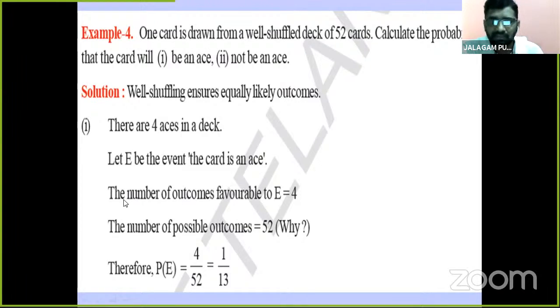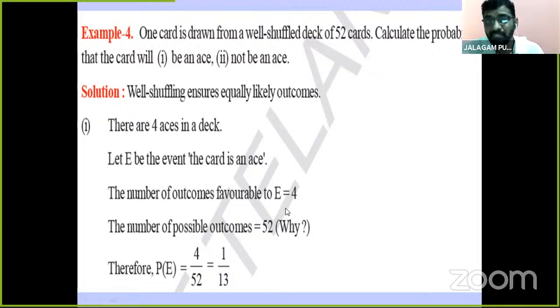Let E be the event, the card is an ace. The number of outcomes favorable to E. Children, we already found it. How many aces are there? 4 aces. So the number of favorable outcomes, how many? 4.